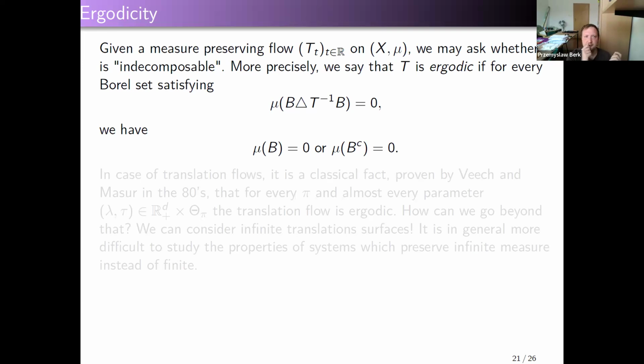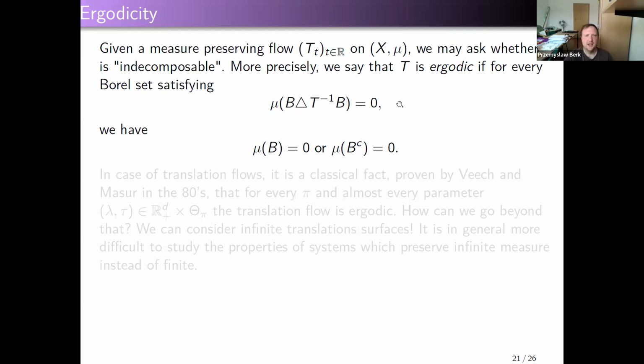Mathematically, it says that if you take any Borel set B such that, this is the definition for the automorphism, so sorry, there should be T, not -1, here should be T_t for every t.